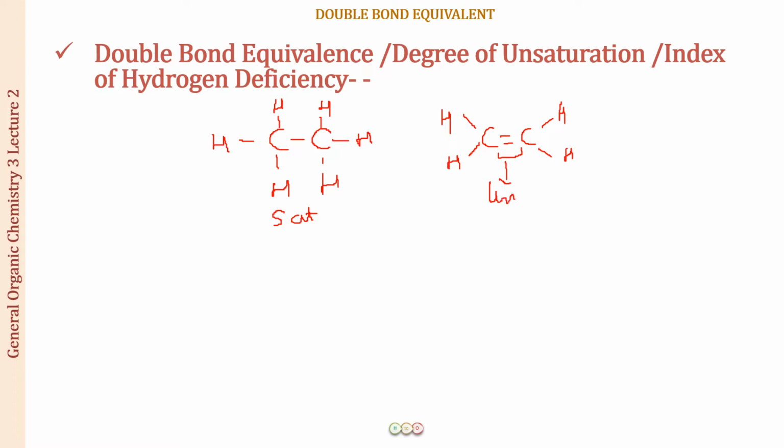And similarly, if I draw ethyne, that is C2H2, I will be drawing a carbon-carbon triple bond, and here this is going to be one hydrogen and this is going to be one hydrogen. So this is also an unsaturated compound where we do not see all single bonds present, right? So this is an unsaturated compound.